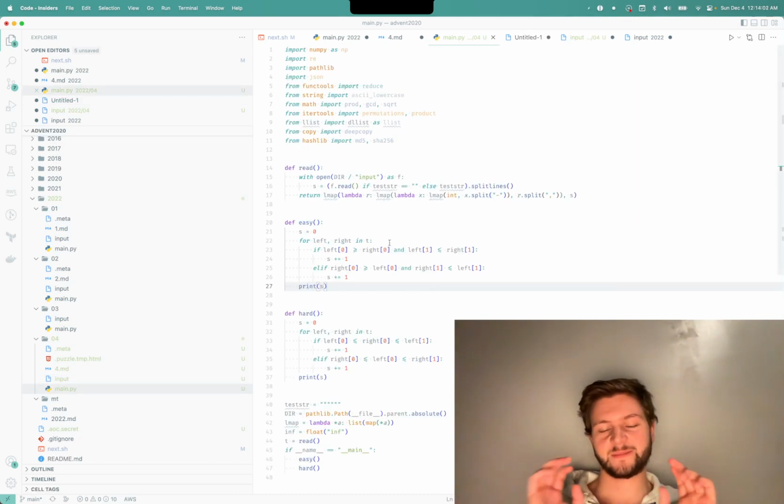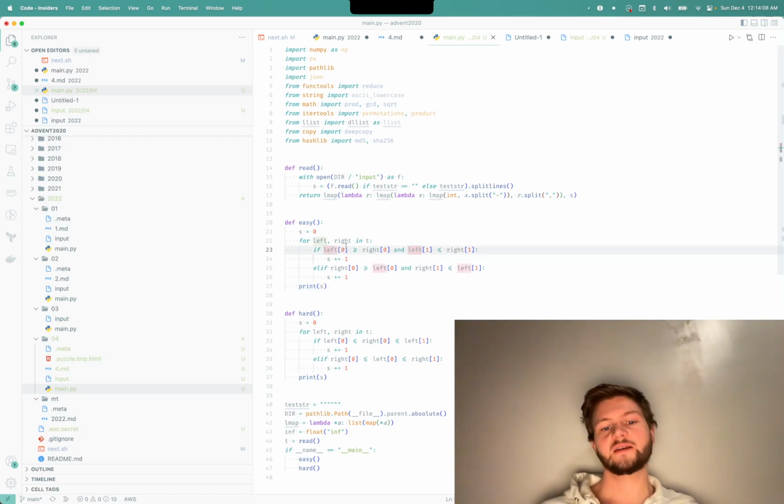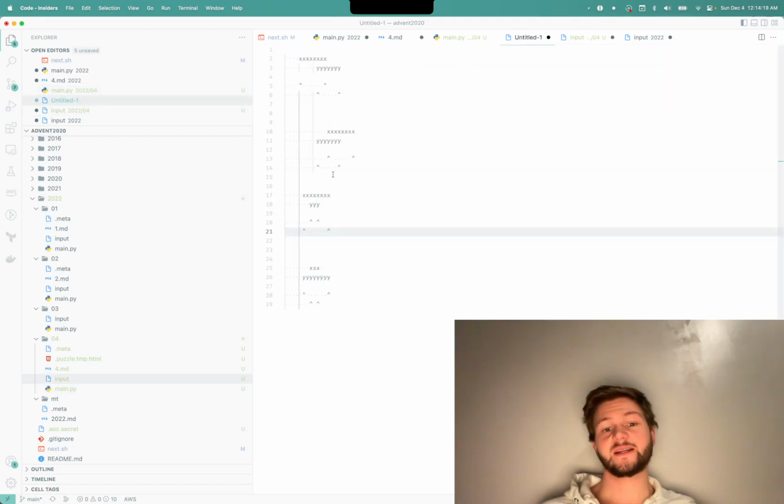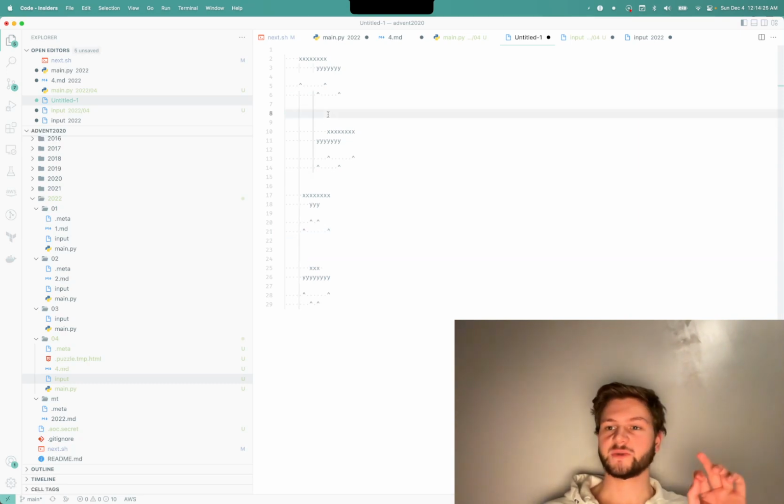For my parsing, I split them into the left group and the right group, and now I'm checking for both of them if the start, which is index 0, and the end, which is index 1, will be fully contained. So the first question was, is there a full containment? And for how many of these lines is that true?